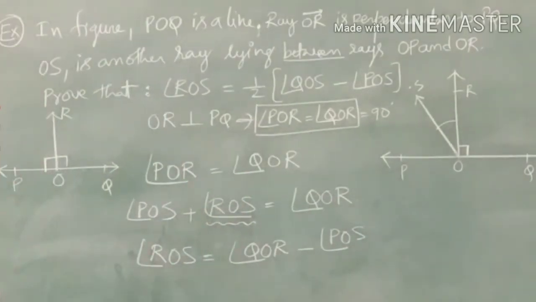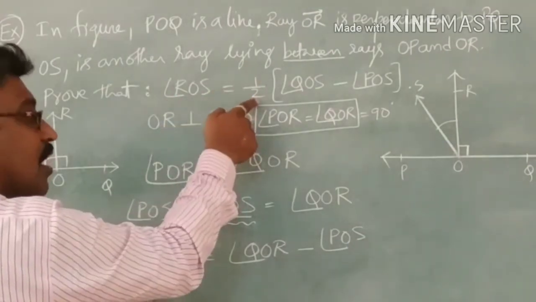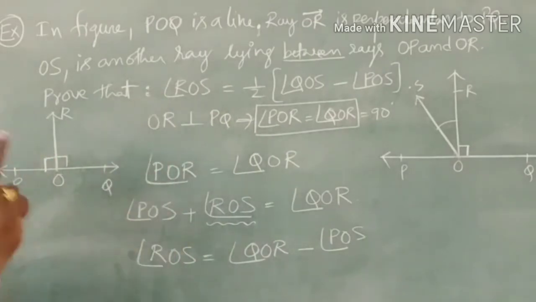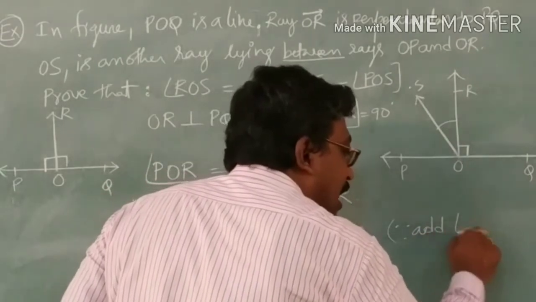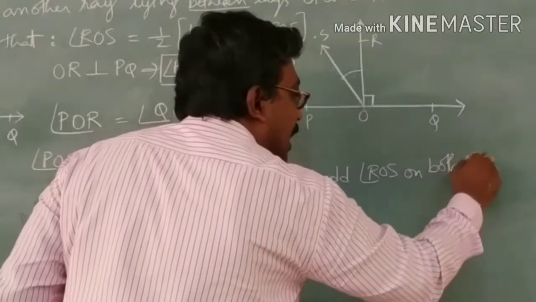Okay? Now, imagine he asked us to prove ROS is equal to half of. If by 2 comes to this side into 2, that means 2 times angle ROS is needed. Here only one time is there. Add angle ROS on both sides. Okay? Add angle ROS on both sides.